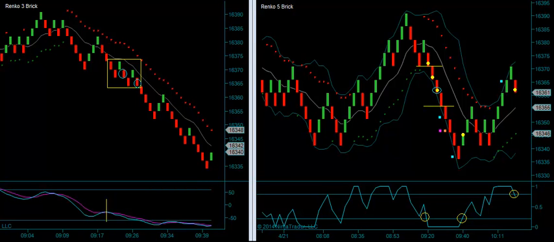There were no add-ons. There's only 1 partial, so you'd be reversing out of your remaining 2 contracts or 2 units of the buy long. And depending on what happens from here, we'll either get more profits or potentially a losing trade.